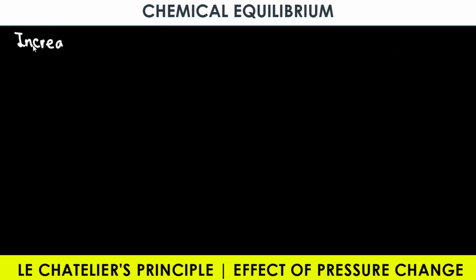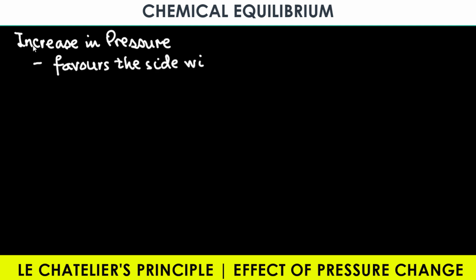So, increase in pressure. When you increase the pressure of a gas, what are you doing? You are indirectly decreasing the volume, is it not? Good. So an increase in pressure favors the side with the lower number of gaseous molecules.